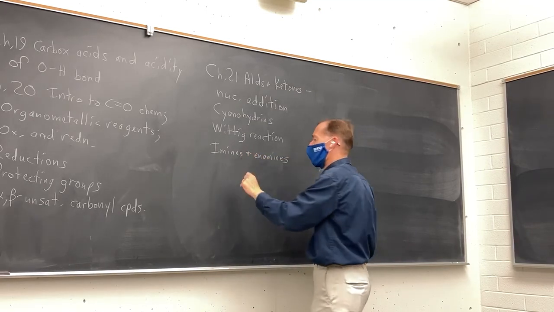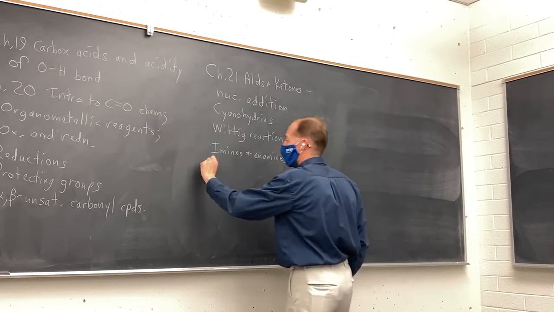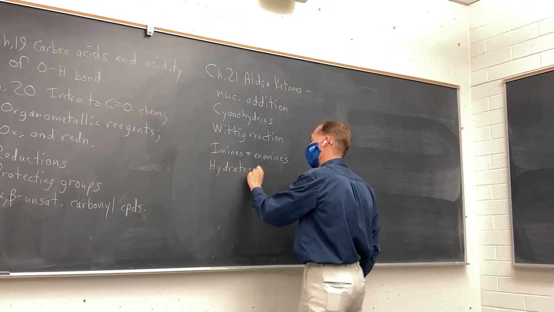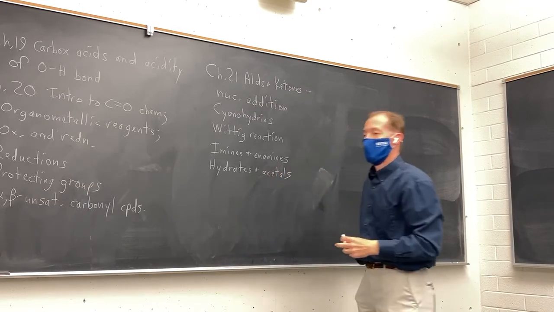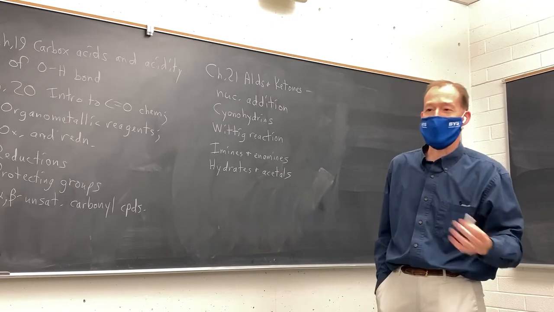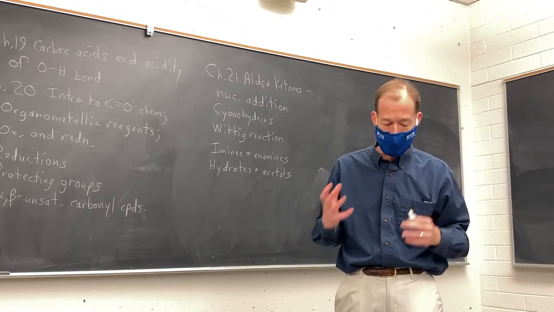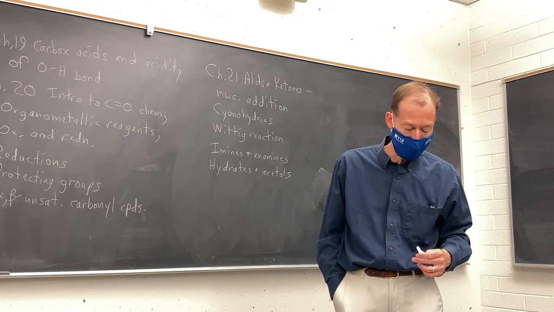Knowing which of those is formed with which type of amine. We also learned about hydrates and acetals, closely related materials. Hydrates, of course, coming from reaction of water with our aldehydes and ketones. Acetals coming from a reaction of aldehydes and ketones with alcohols, and often used as protecting groups. Okay.